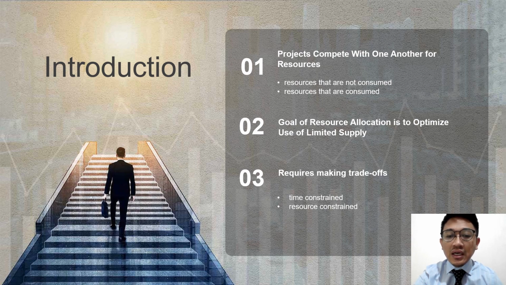In essence, resource allocation in project management involves a delicate balance where managers must weigh competing demands and make judicious decisions to optimize resource utilization within the confines of limitations imposed by time and available resources. Successful resource allocation is pivotal in ensuring project success and achieving desired outcomes despite inherent constraints.